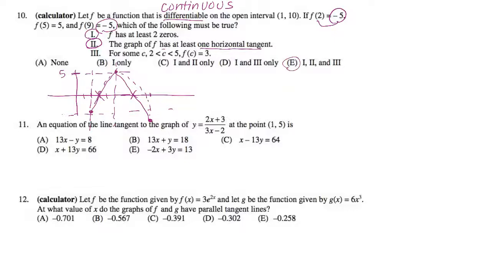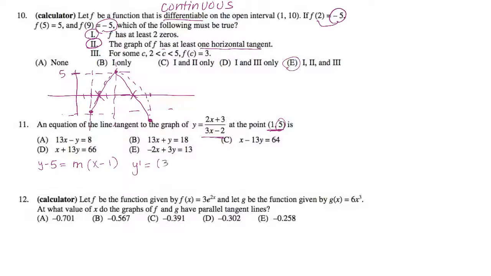All right, so moving on to our next problem, we are looking for the equation of the tangent line at these given points. So we have our equation of our tangent line, y minus y1, which is going to be 5, equals m. Well, we've got to find that m value times x minus 1. So now we need to find y prime and plug in 1.